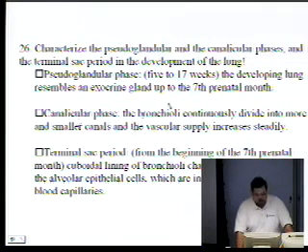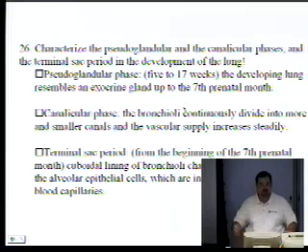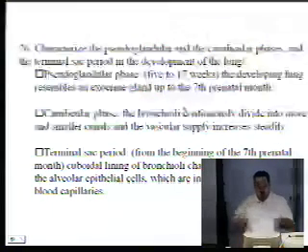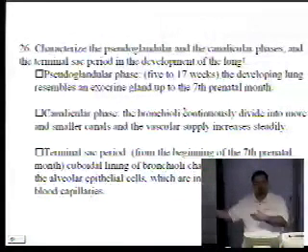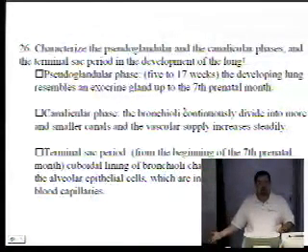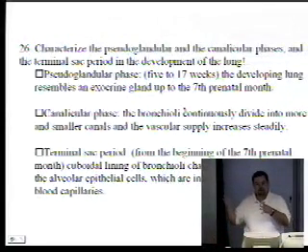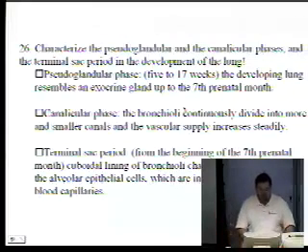Okay, then you move into the canalicular phase, which is a little easier to justify. The bronchi divide into smaller and smaller canals, which is why it's known as the canalicular phase. And this is the time when you have the intense development of the vasculature.